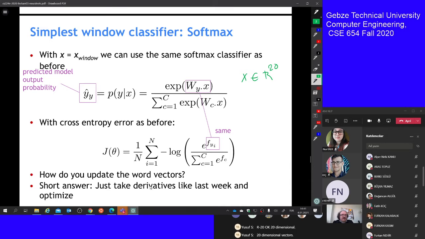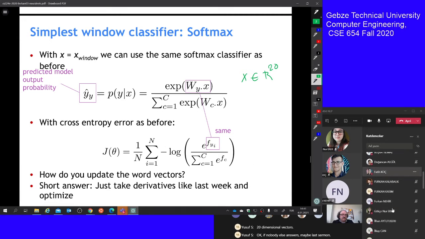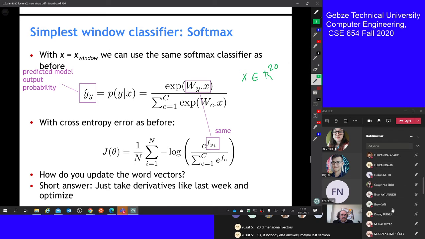If nobody else answers me, I will ask Salman. Anybody? How many parameters do I need if I am using a softmax classifier? How many numbers do I need to find out?